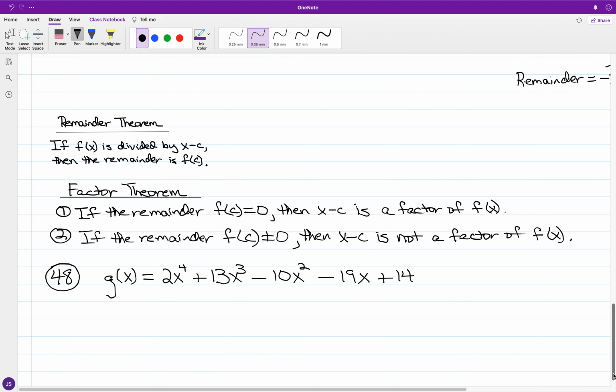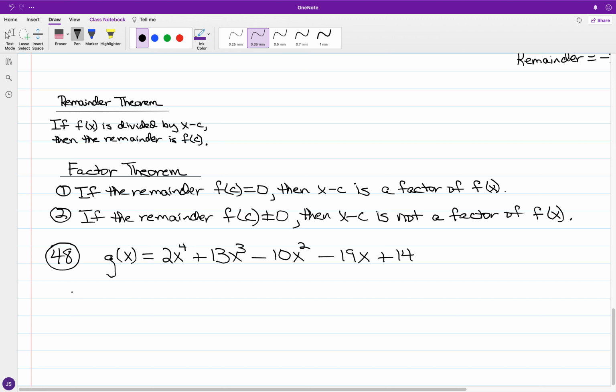And we have posed the question. In part A, this is asking, is c equal to negative 2 a 0?